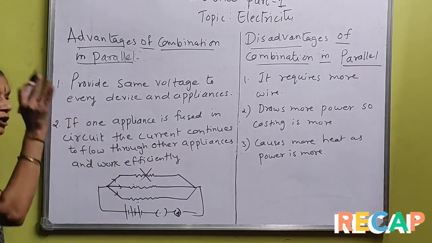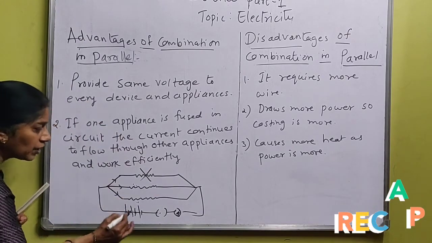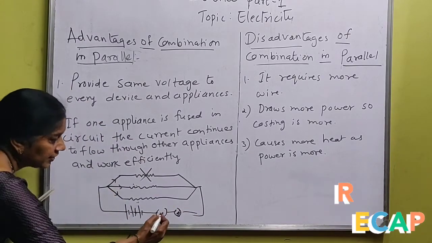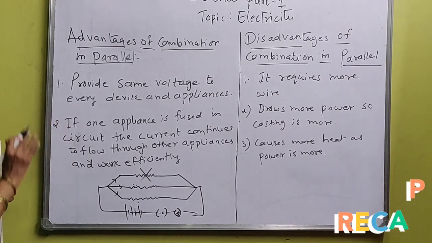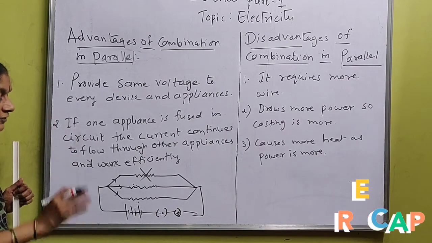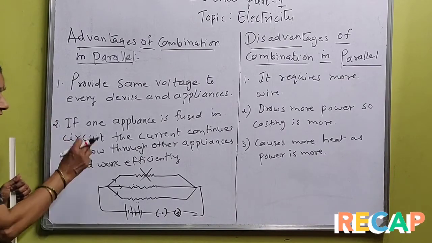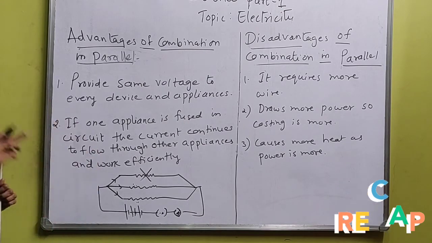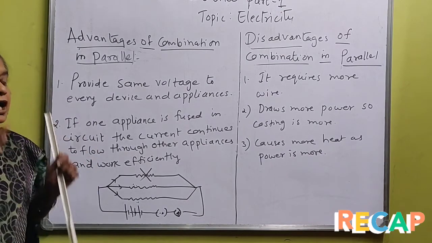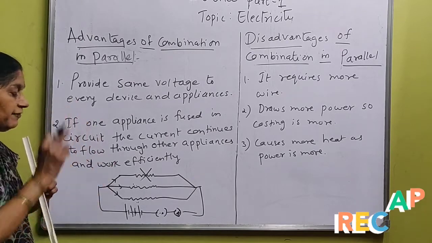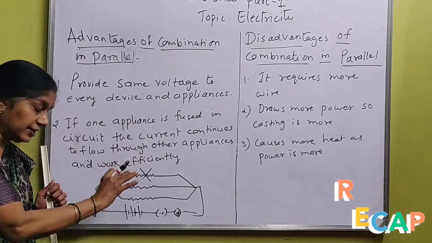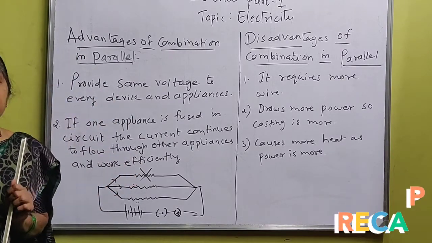The circuit will be a closed circuit and the work will be efficient. So the working of other devices and appliances will be efficient. That is why such connections are preferred in households, because if in one room the light gets fused, in other rooms the light will be working.